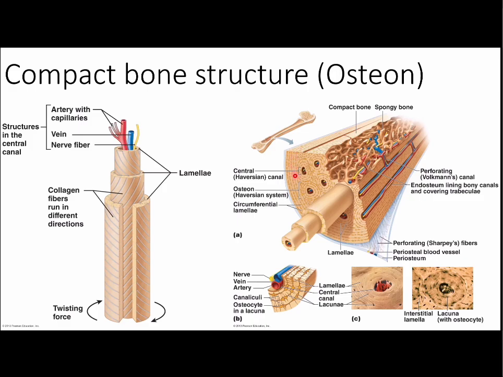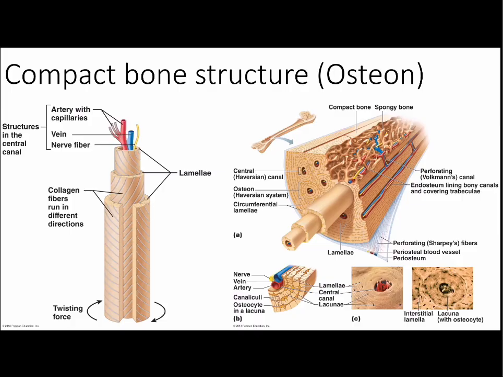So that's our circumferential lamellae. And these help to resist twisting forces, in addition to the way that those collagen fibers run in our osteons, in our concentric lamellae. So we have concentric, interstitial, and circumferential lamellae.